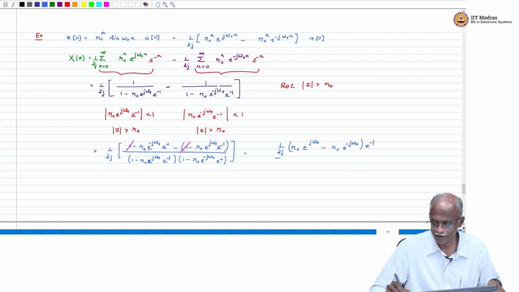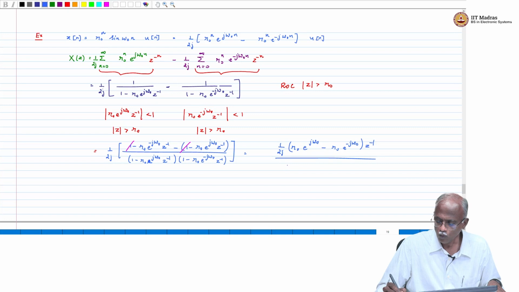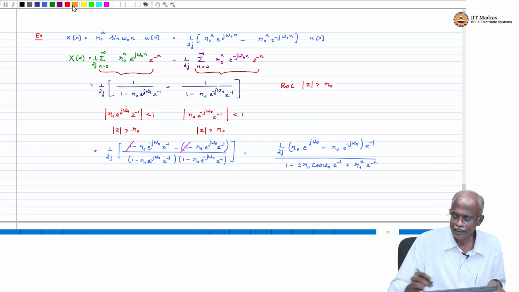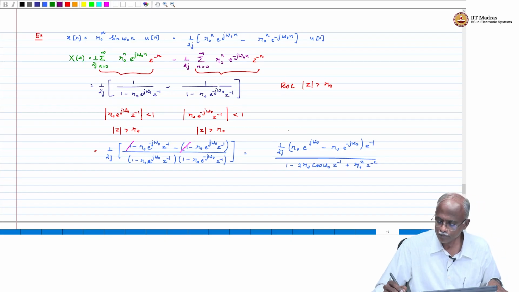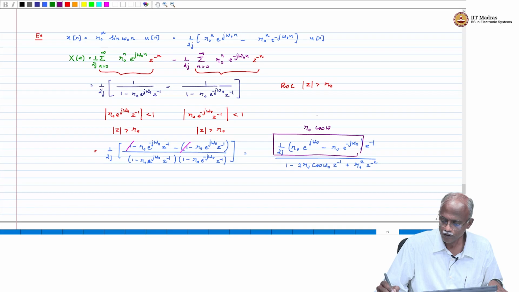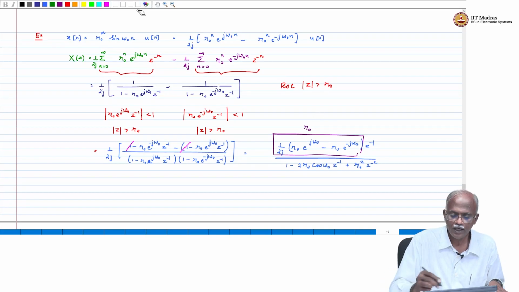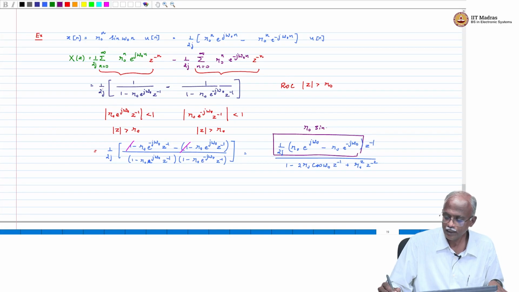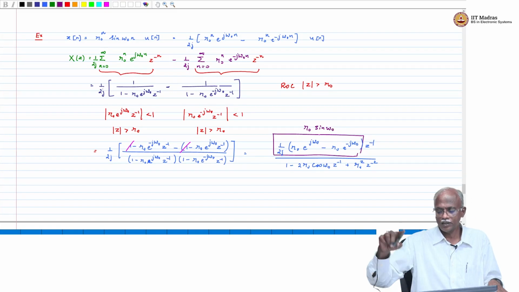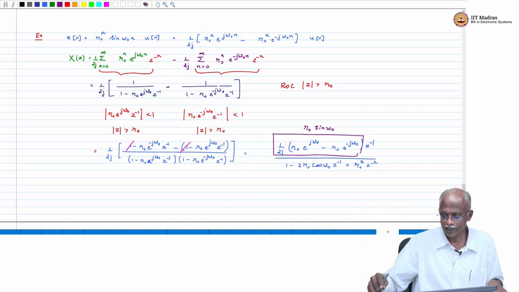That's the numerator, divided by 1 minus 2 r naught cosine omega naught z inverse plus r naught squared z power minus 2, and this term is nothing but r naught sine omega naught z inverse in the numerator, denominator is given here.